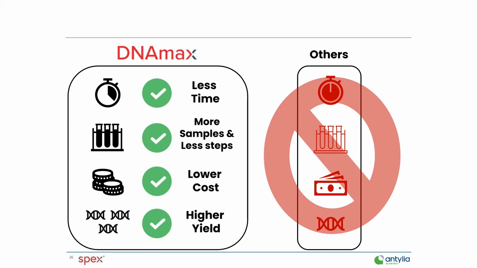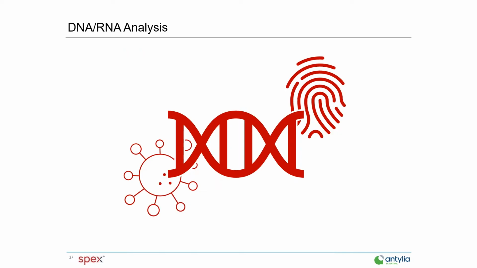You get more samples in fewer steps with lower cost and a higher yield. You're not wasting all your time and your energy doing your processing by automating your processing and using our DNAmax kits. We're going to take a look now at what you can do with your isolated DNA and RNA.